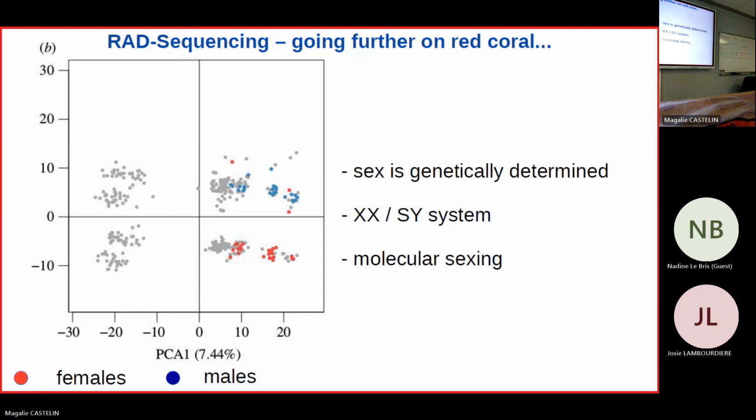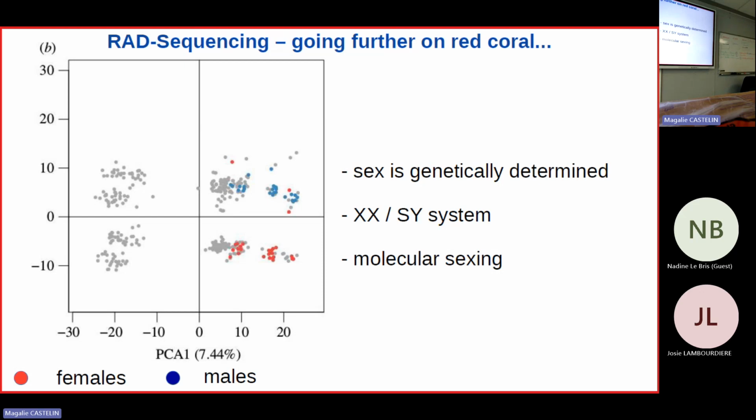Fortunately, part of the samples, which are the colors here, had been sampled at the time of reproduction. Maybe it was a sampling in May, June, so the reproduction is June, July. But May, June, it's interesting. Why? Because at that time, the gonads are big enough so that when you open the polyps, you can see the gonads and you can see, okay, this is male, this is female.